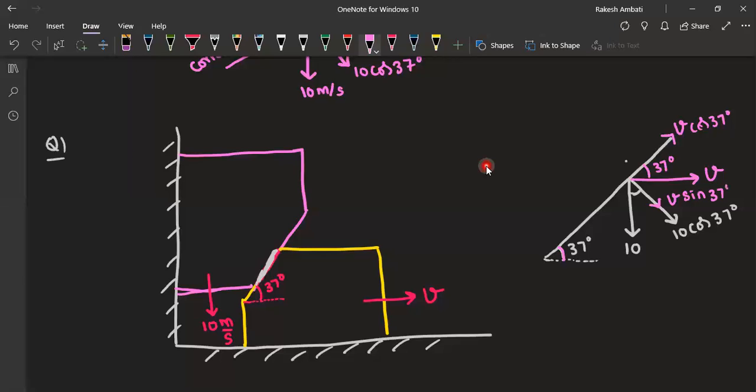For this contact surface, this is the normal. And what is the normal constraint? In the normal direction, velocities must be equal. So equating them, v sin 37 degrees equals 10 cos 37 degrees. You simplify it and find the v value.